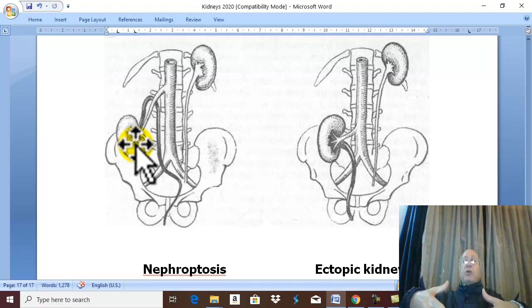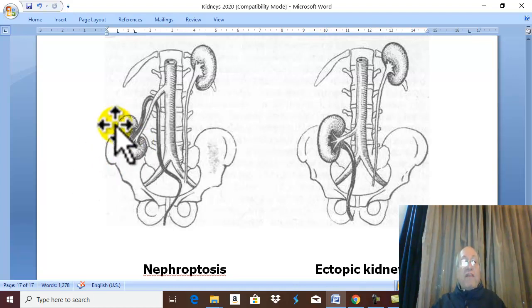With marked increase in intra-abdominal pressure, the kidney is compressed and in place, but after labor, there is a sudden decrease in intra-abdominal pressure, and the anterior abdominal wall is lax, and due to the sudden fall in the abdominal pressure the kidney falls, leading to nephroptosis. What is the difference between the two? The two have the same position, but a congenitally ectopic kidney has a short ureter, but in nephroptosis there is a kinked, coiled ureter.